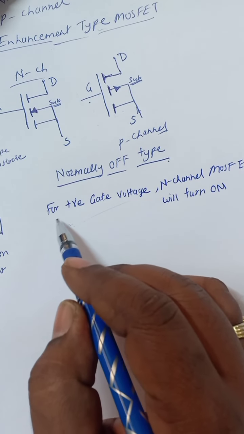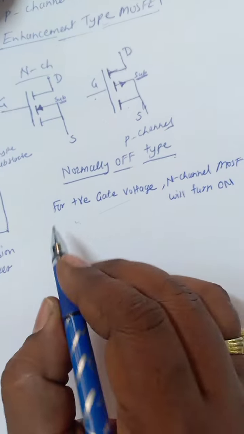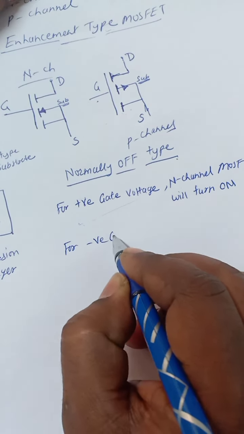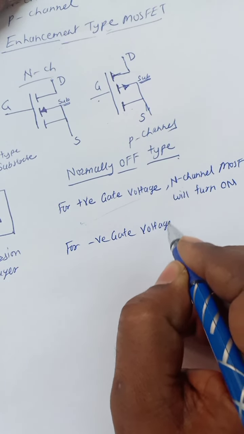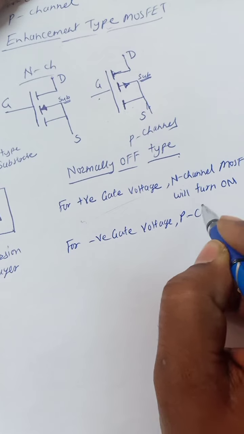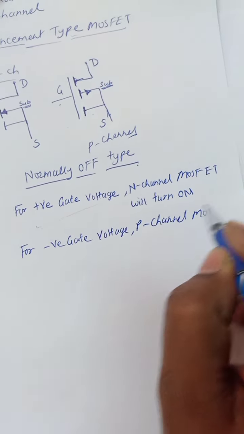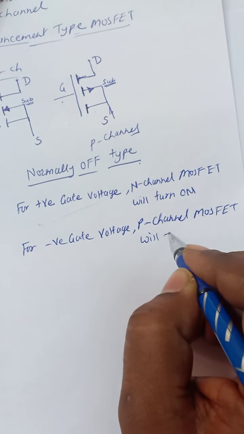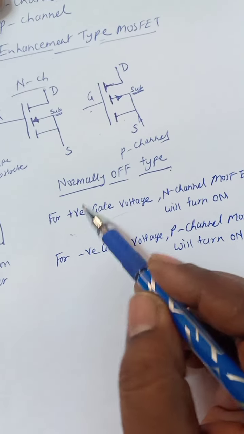For negative gate voltage, the p channel MOSFET will turn on. So you have to remember these 2 points.